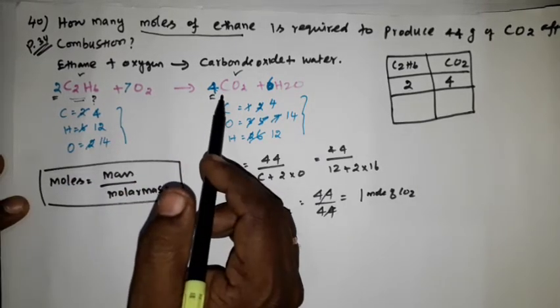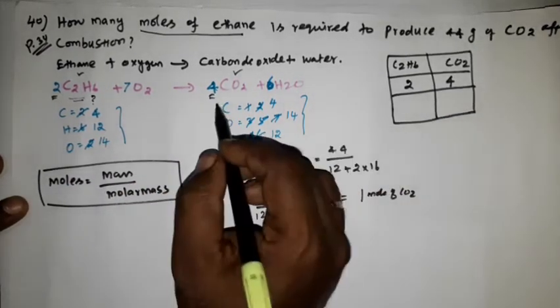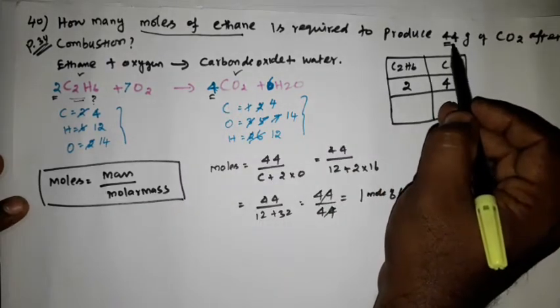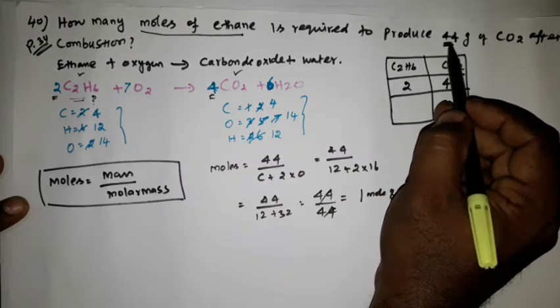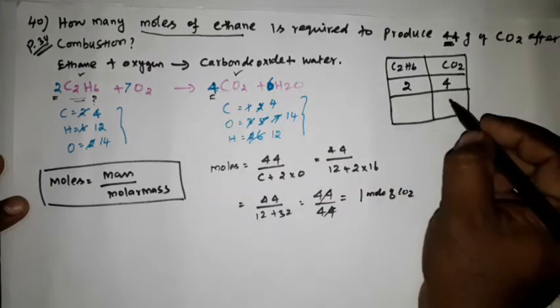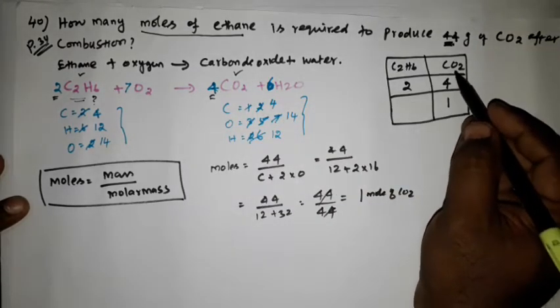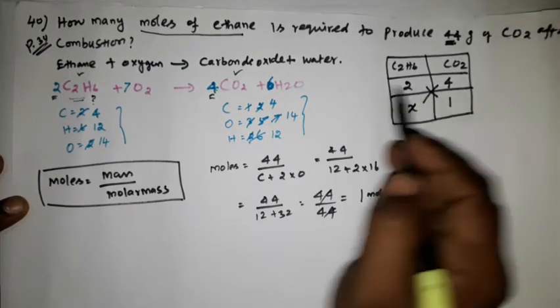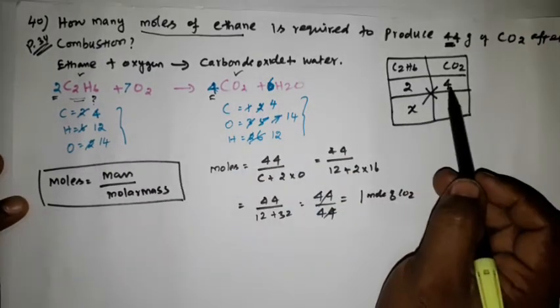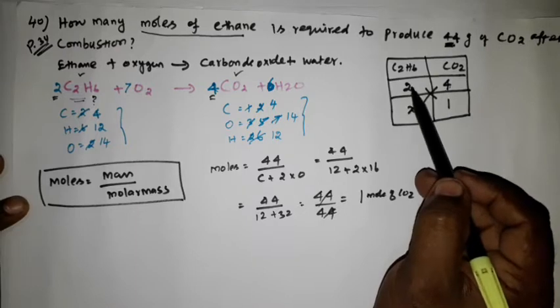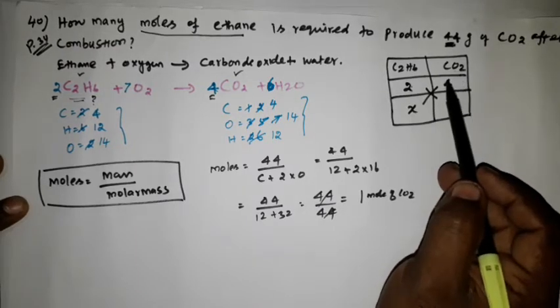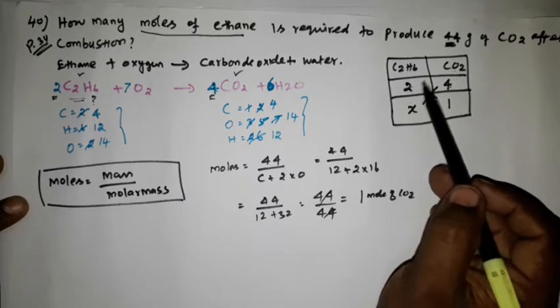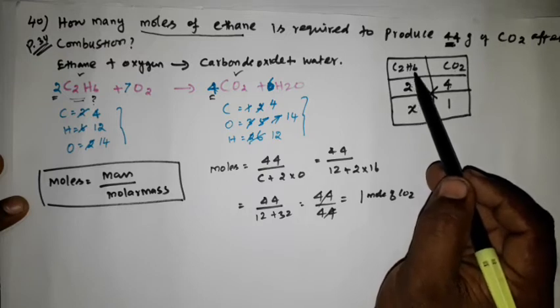Here 44 grams will give only 1 mole. So to produce 1 mole of CO2, how many moles of ethane is required? Understood? To produce 4 moles of carbon dioxide, we require 2 moles. Clear? 4 moles of carbon dioxide require 2 moles of C2H6, that is ethane.